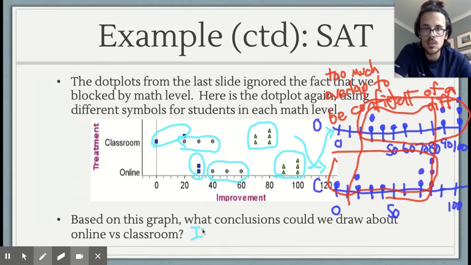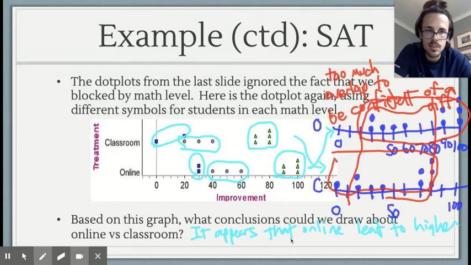It appears that online led to higher improvements within students of the same math class.